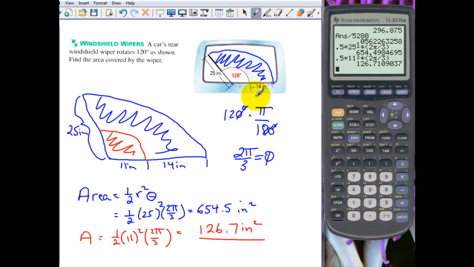To get our final answer, we subtract the red area from the blue area. So we get 527.8 square inches.